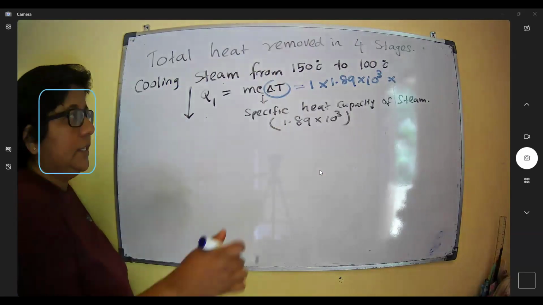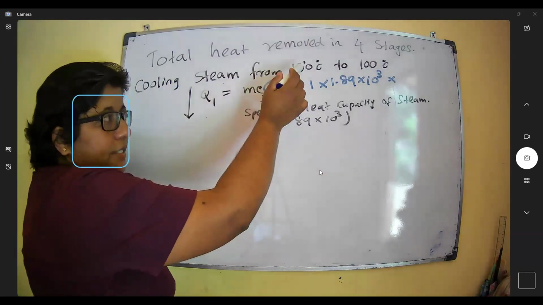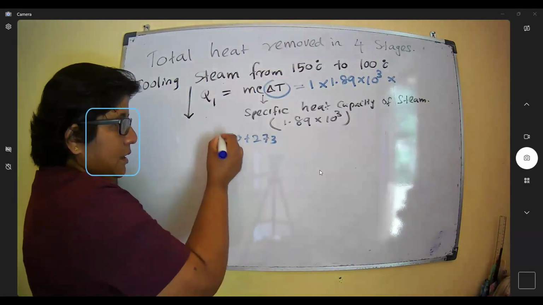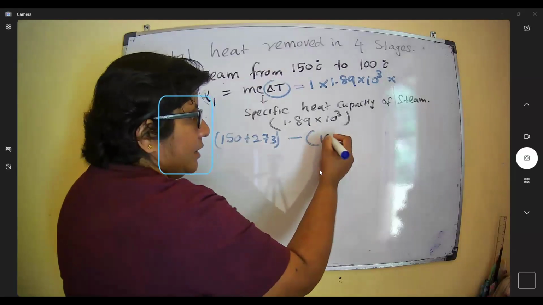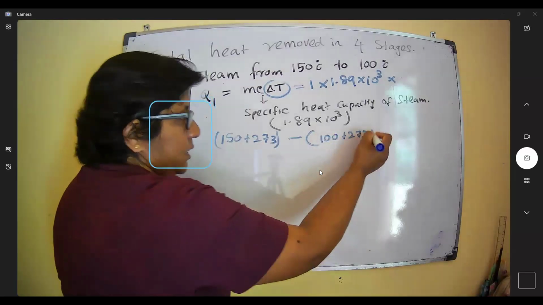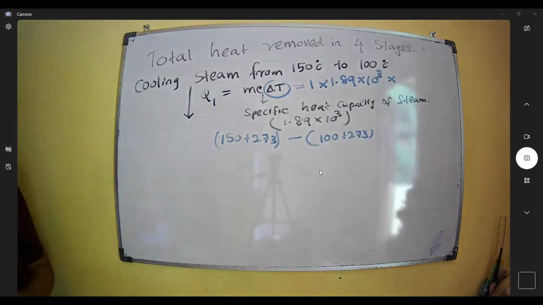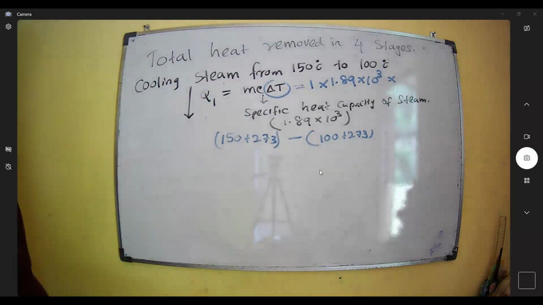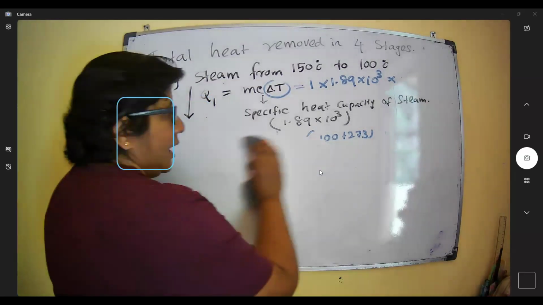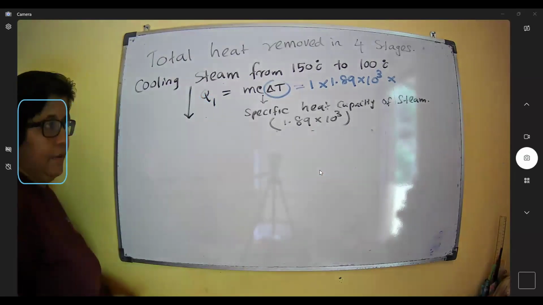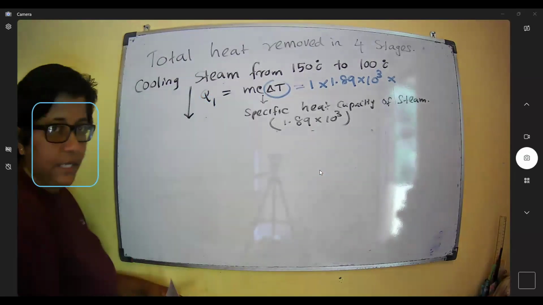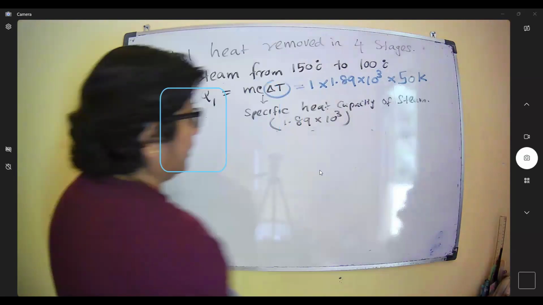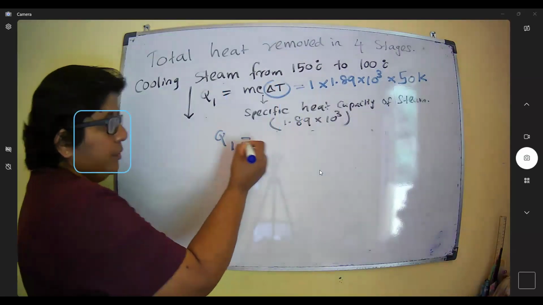When converting, we would add 273 to 150 and add 273 to 100, and the 273 is common, so it cancels out. So we can substitute in Celsius or Kelvin; the temperature difference is the same, so no need to convert to Kelvin. The temperature difference is 50 Kelvin. Then you can find the Q1 value.